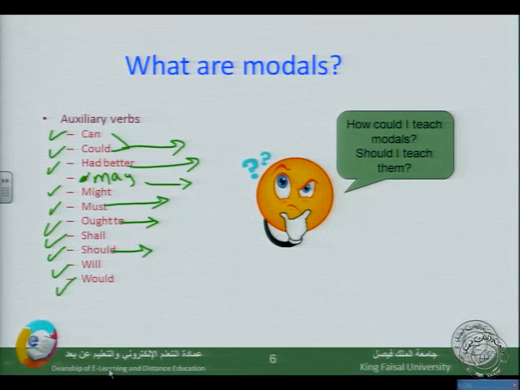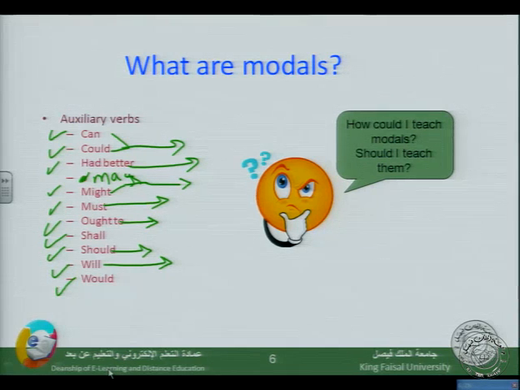You can use had better to make suggestions. You can use might and may to talk about probability. And you can use will to talk about your future plans. So all of these modals have meanings, they have uses. لهم استخدامات.